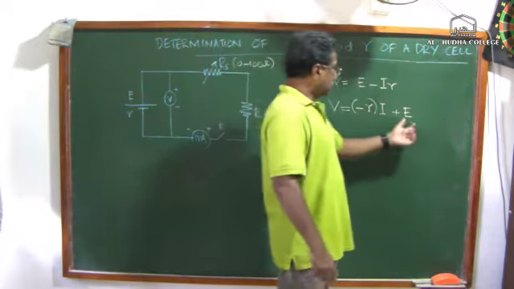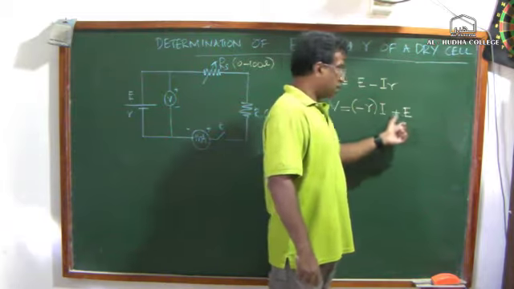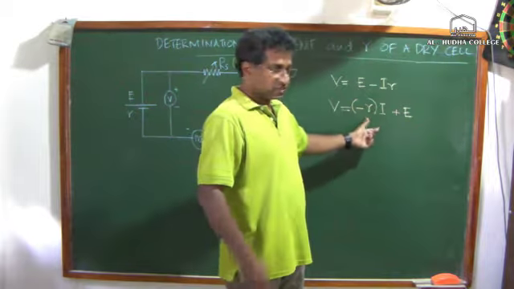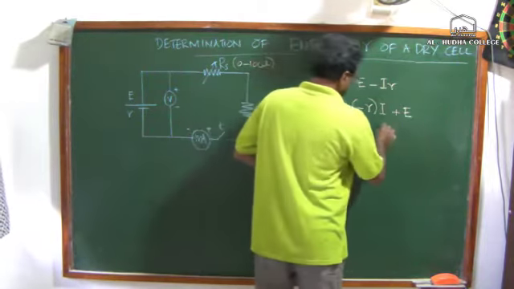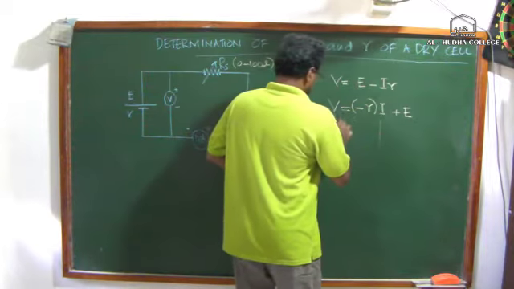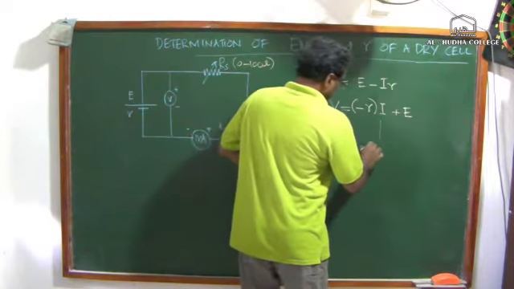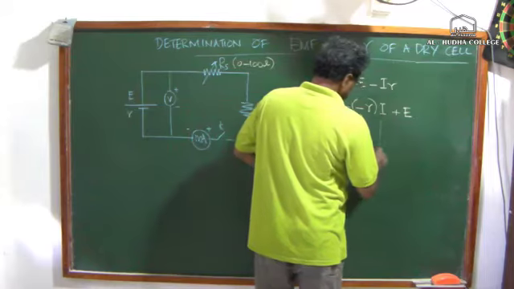You know that EMF is a constant and internal resistance is a constant. So this is something like y equal minus mx plus E.